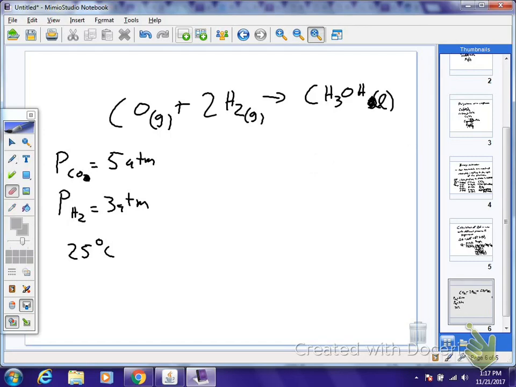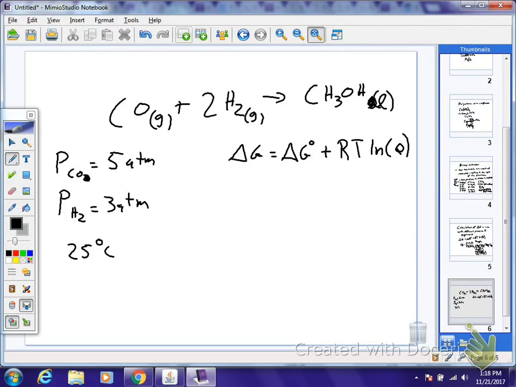So, change in Gibbs free energy equals change in G, standard state, plus RT times the natural log of Q. There we go.